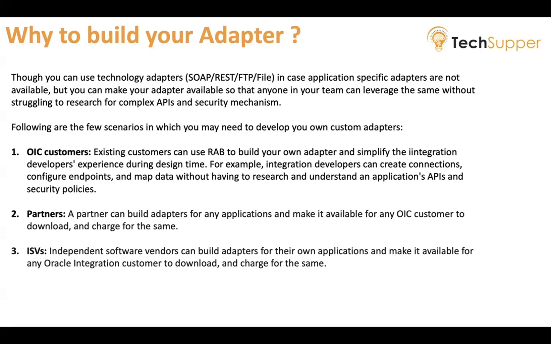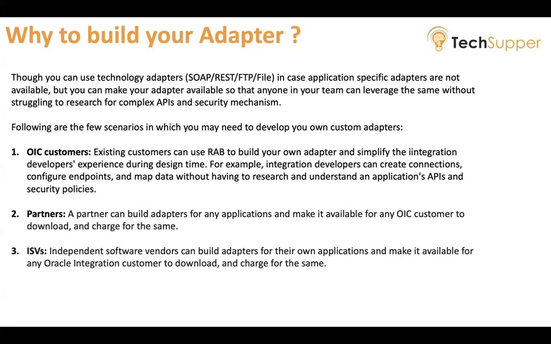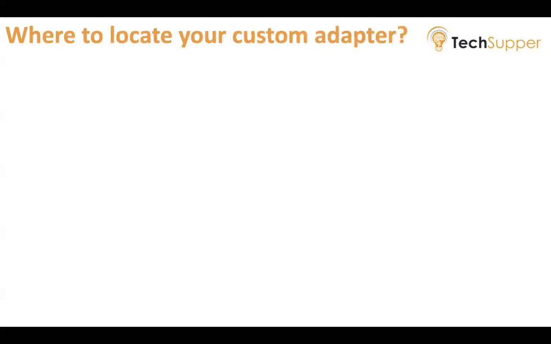ISVs, independent software vendors, can also build adapters for their own applications and make them available for any Oracle Integration customer to download and again monetize. Like I mentioned, there's a complete process in case you want to monetize, but yes, you can.